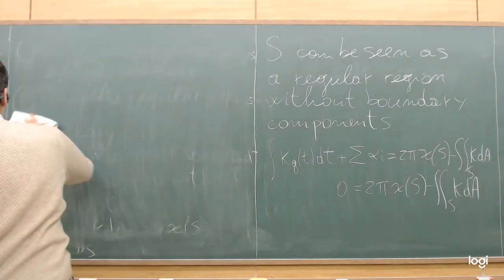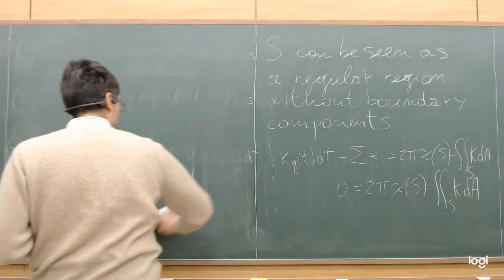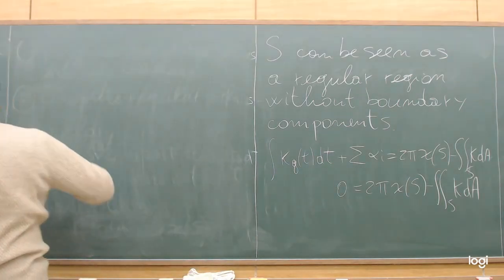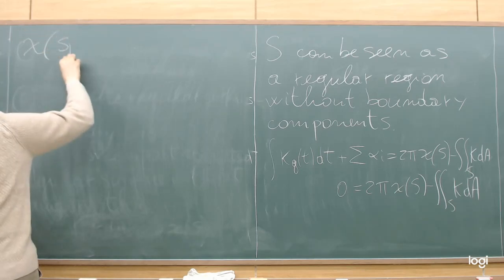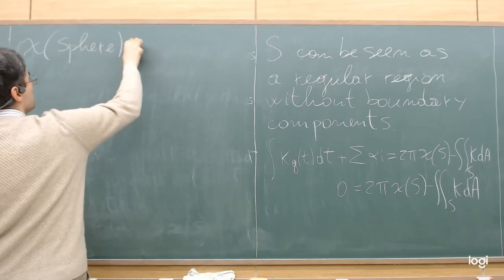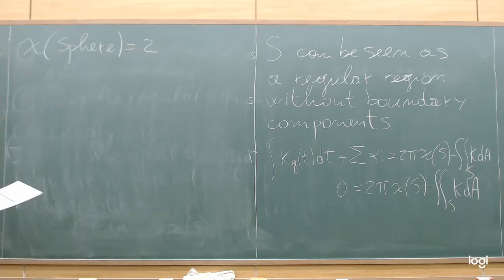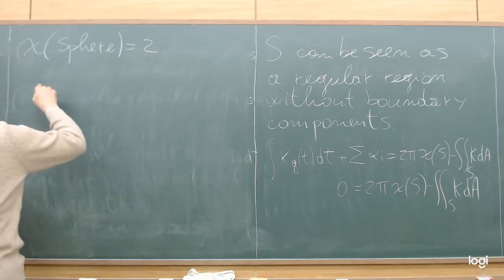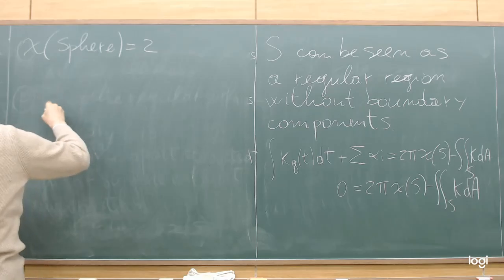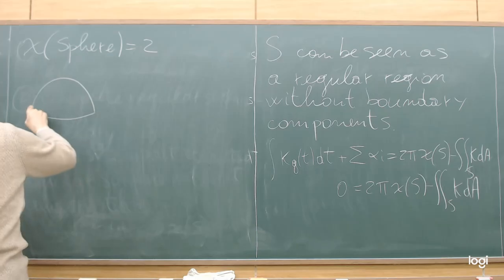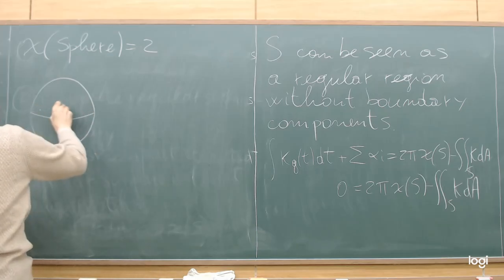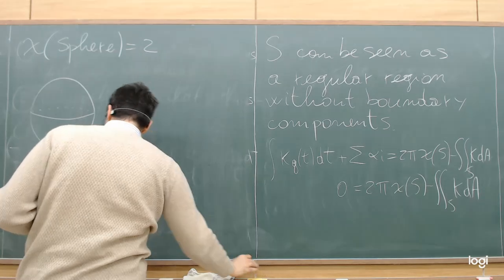Let's determine the Euler characteristic of some surfaces. So let's check that chi of the sphere is 2. This can be done using any triangulation. So for example, you can do this with the triangulation in the picture.